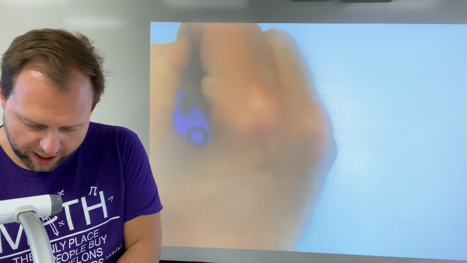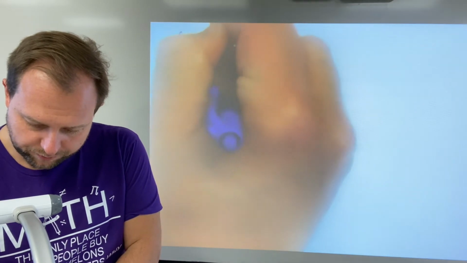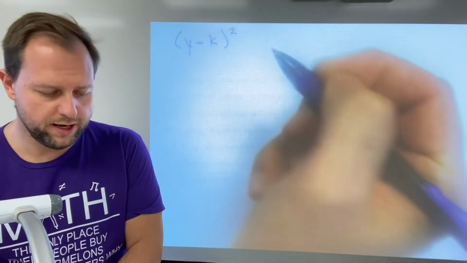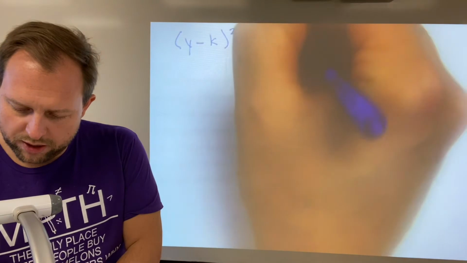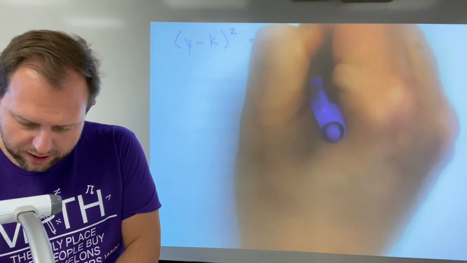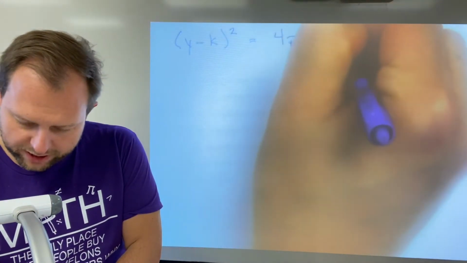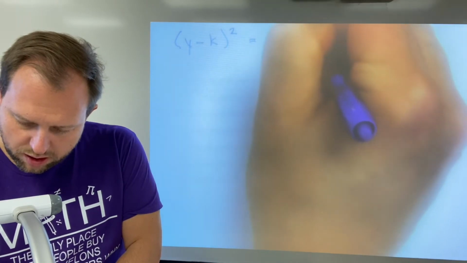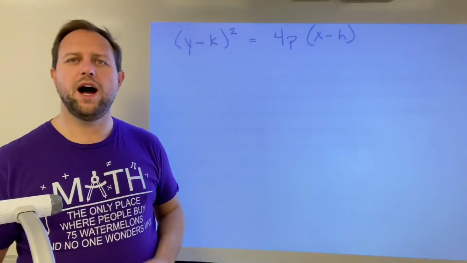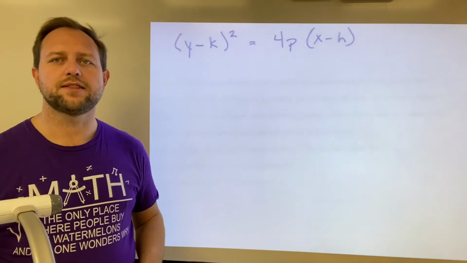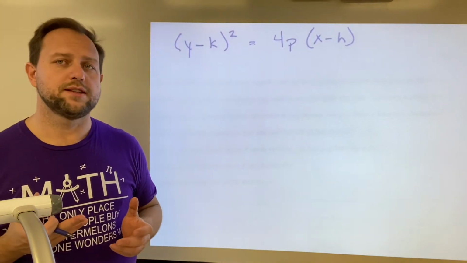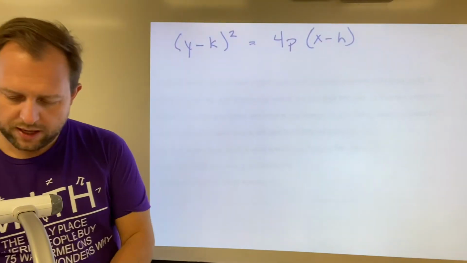So it'll be (y minus k) quantity squared equals 4p times (x minus h). So in this case now, y is squared instead of x. That causes it to open sideways.